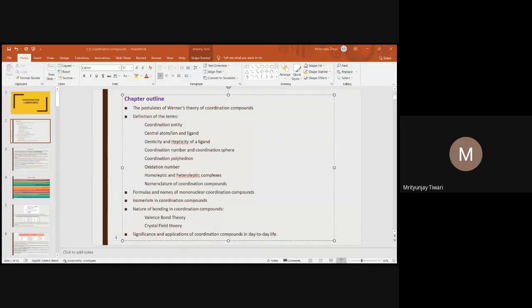The species within the square brackets are coordination entities. So usually the coordination entities or the coordination complexes are written in square brackets. And these are also called coordination sphere. So coordination entity and coordination sphere are seen. And the ions outside the square bracket are called counter ions.